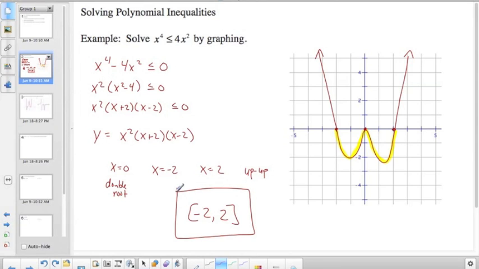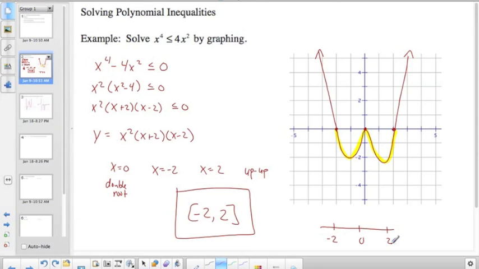Now there's another way to consider this, and we could basically make a sign chart. What we'll do is divide the x-axis into intervals based on the roots. So we have a root at negative 2, a root at 0, and a root at 2.